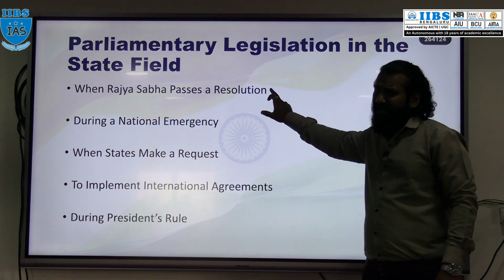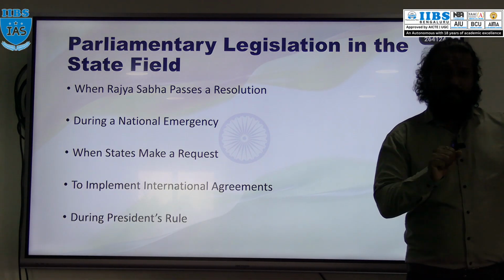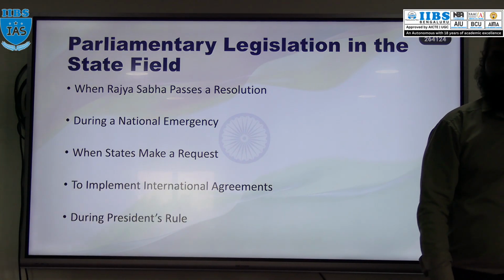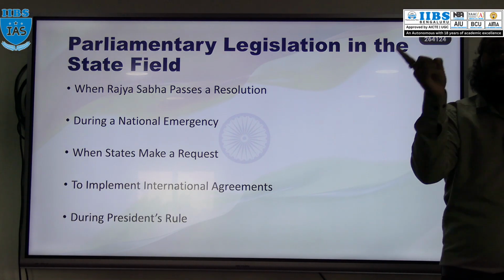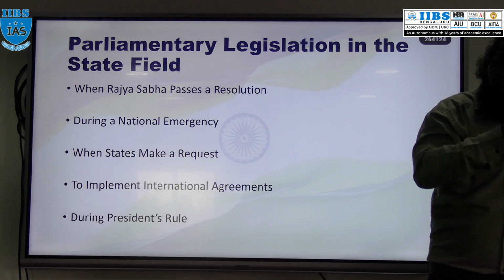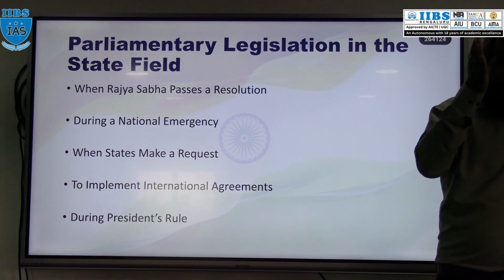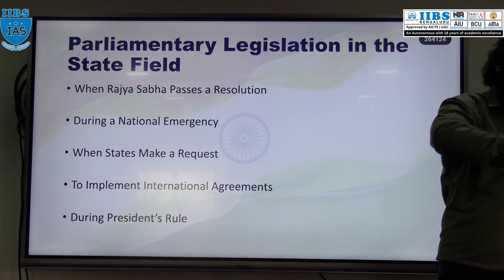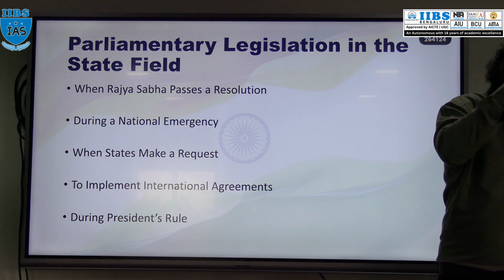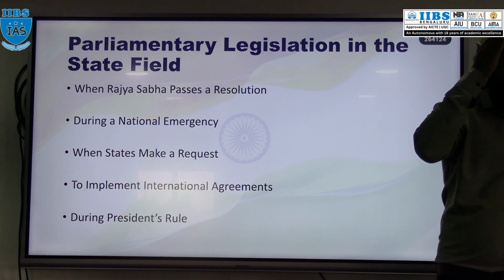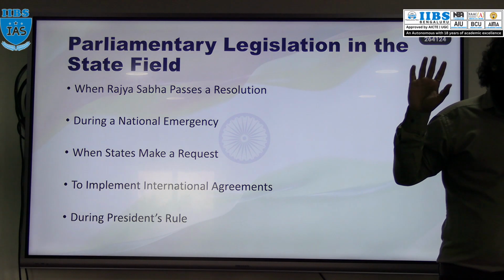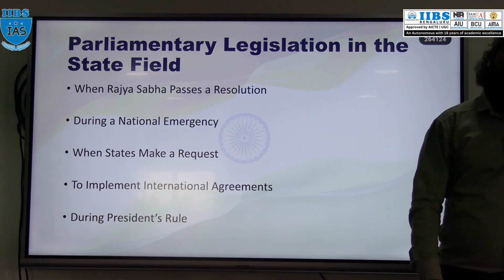When Rajya Sabha passes a resolution by 2/3 majority, special majority, due to the factor of national importance. Seeing that national importance, Rajya Sabha passed the resolution with special majority. After passing that resolution, Parliament got authority to make the law in the state list.